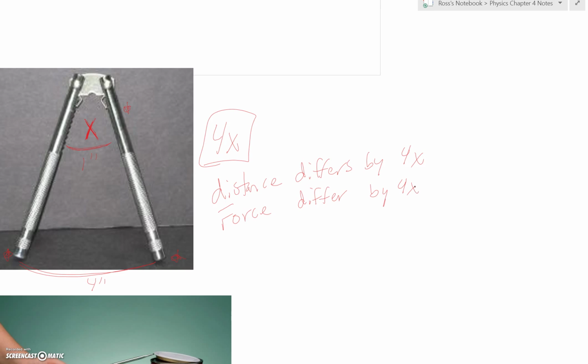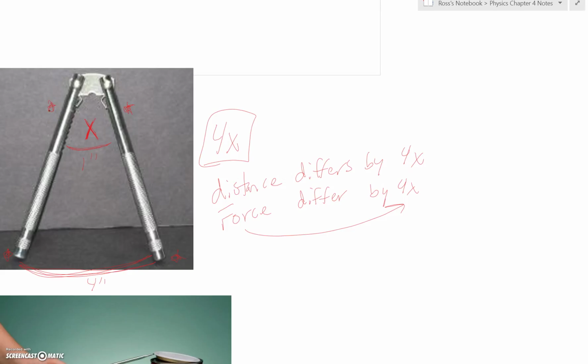But in that ideal world, in a perfect world without friction getting in the way, all of that distance force trade-off would go right into a greater force by 4 times. So you could also squeeze the lobster claw with your hand and squeeze it that 1 inch, and you might possibly be able to crack it. But if you grab the lobster crackers down at the end here and close it 4 inches, you're going to get 4 times the force out of this tool than you would just by using your hand or by grabbing the lobster crackers up here.